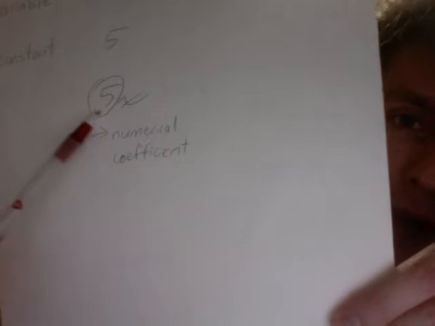But we know whatever x is, whatever our variable is, it is multiplied by 5. So whatever happens to be before the variable and is multiplying it is our numerical coefficient. Sometimes our numerical coefficient could essentially be division. You could have 1/3 of x, which is the exact same thing as x divided by 3.